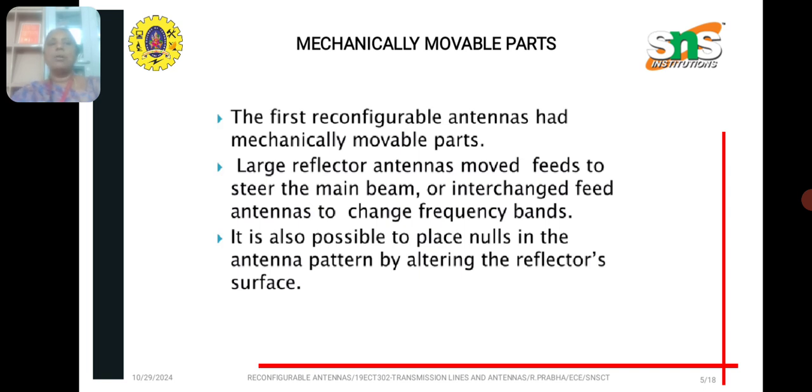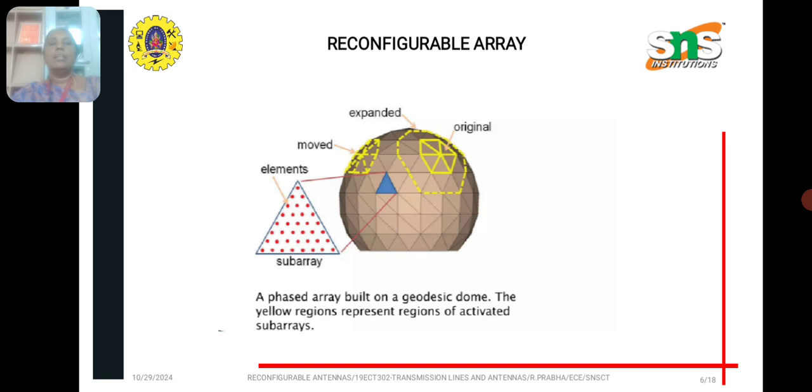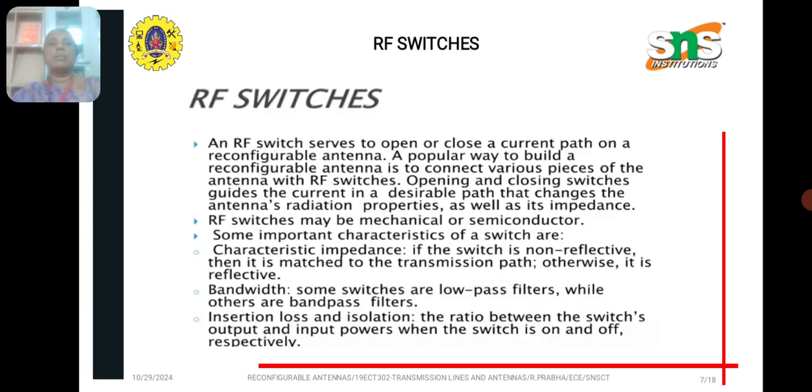It is also possible to place nulls in the antenna pattern by altering the reflector surface. A reconfigurable array is a phased array built on a geodesic dome. The yellow regions in this diagram represent the regions of activated subarrays.